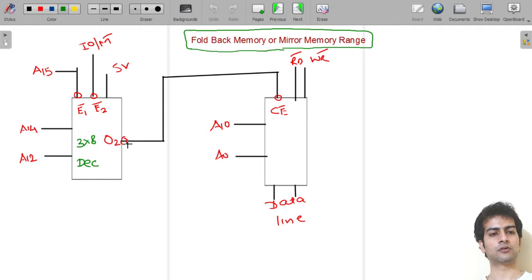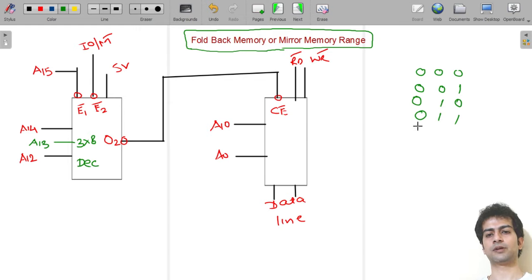For enabling O2, what we require is A14, A12, and in the middle there will be A13. So if we write the combinations: 0 1 0, 0 1 1, 1 0 0, 1 0 1, 1 1 0, 1 1 1, these are 0 1 2 3 4 5 6 7.